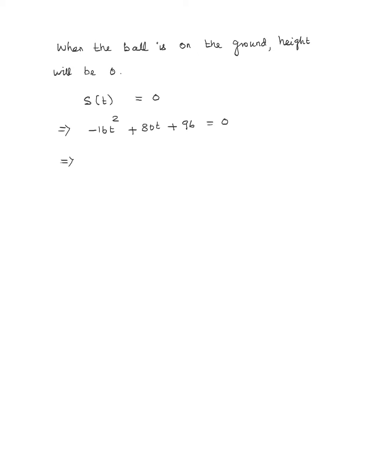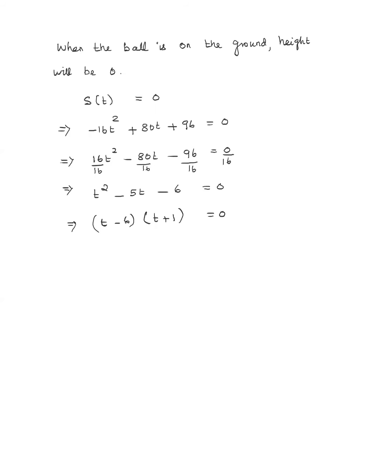Now we have to factor. I'm going to switch the sign because it is 0. If you look at the equation, we can divide everything by 16. It's better to simplify, so I'm dividing the whole equation by 16. So we get t squared minus 5t minus 6 equal to 0. When we factor, we get t minus 6 times t plus 1 equal to 0.